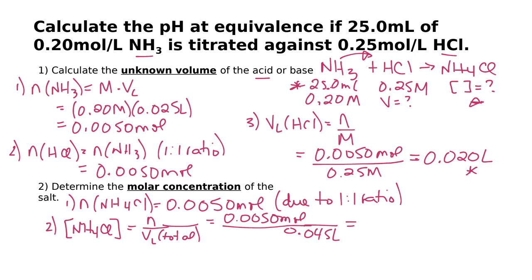And then when we divide that out, we get a molar concentration of 0.11 molar. Okay, so nothing too new here. Is there some stoichiometry moving around trying to figure out volumes, moles, molar concentration. But we need this so that we can go on and take this salt and now determine the pH of the solution.